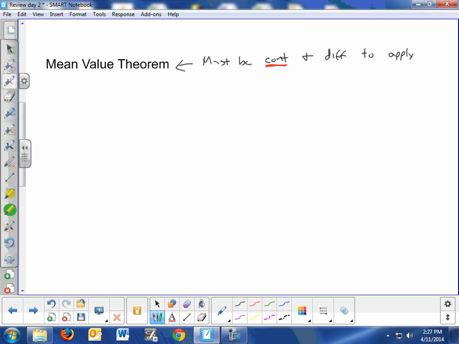If in a question they give you a situation and they tell you you're continuous, but they don't specify you're differentiable, you cannot assume the mean value theorem applies. You must be both. Okay? Best is to draw a picture of 2 points, just like the last theorem. A, f of A, B, f of B.